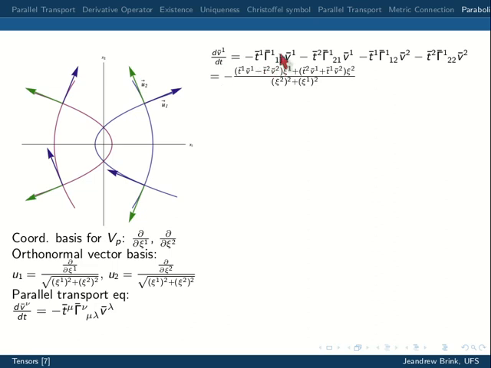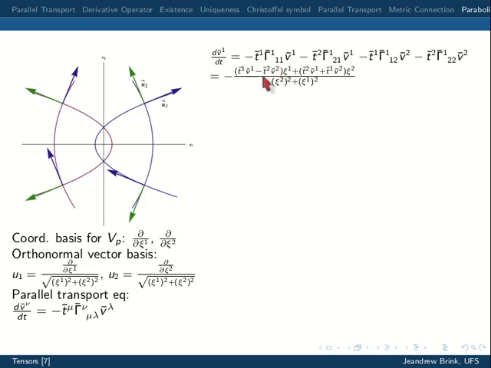You then substitute in what we had for the Christoffel symbols, gamma 1 1 1, gamma 1 2 1, gamma 1 2 2, and here we basically have it. It's c1 times t1 v1, t2 v2 with a minus in front, and you have a c2 times those guys.